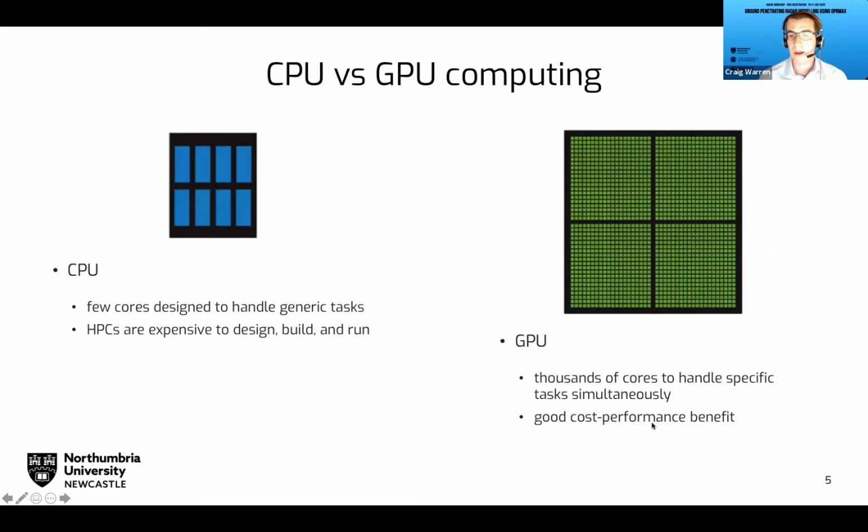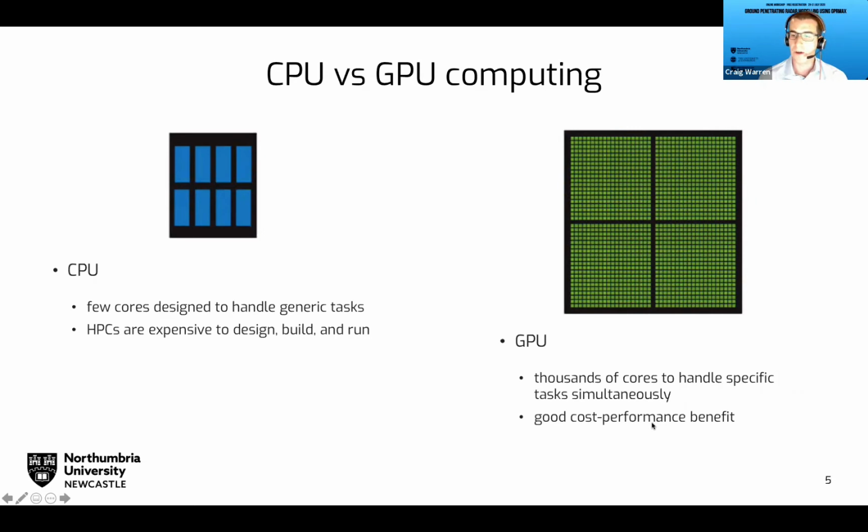On the other hand, a GPU now contains thousands of cores, and each of these cores is designed to handle a much more specific task, and that's basically what we're going to exploit: the number of these cores, and the ability to work in step to do a specific task.